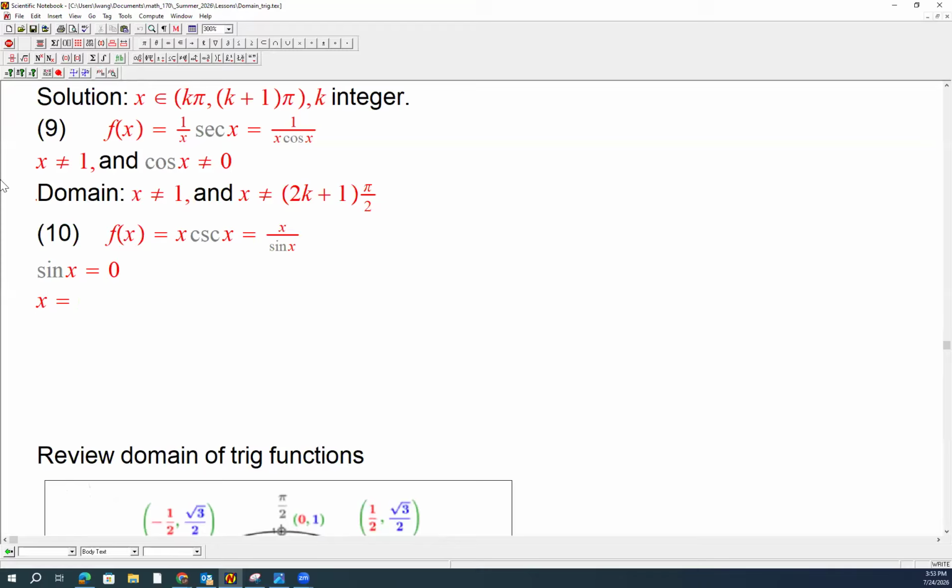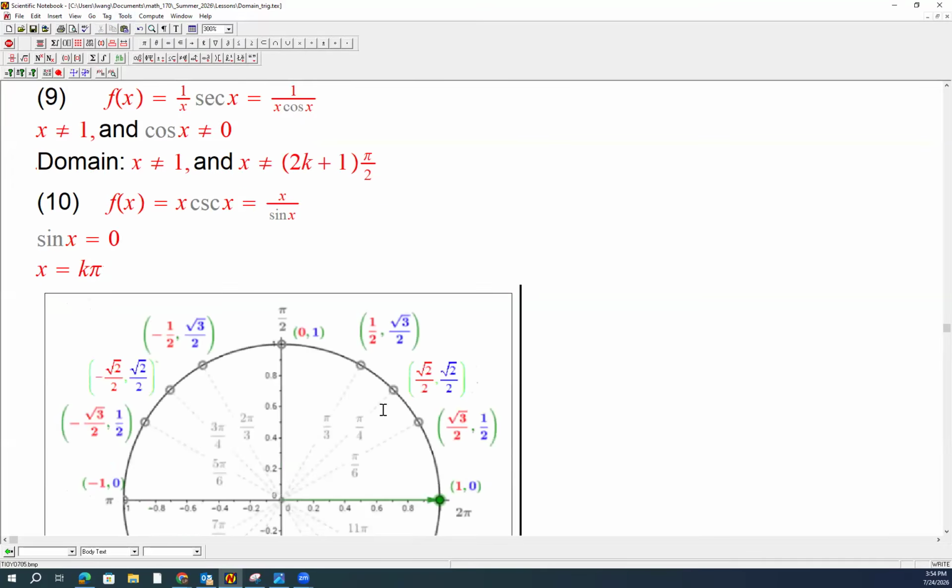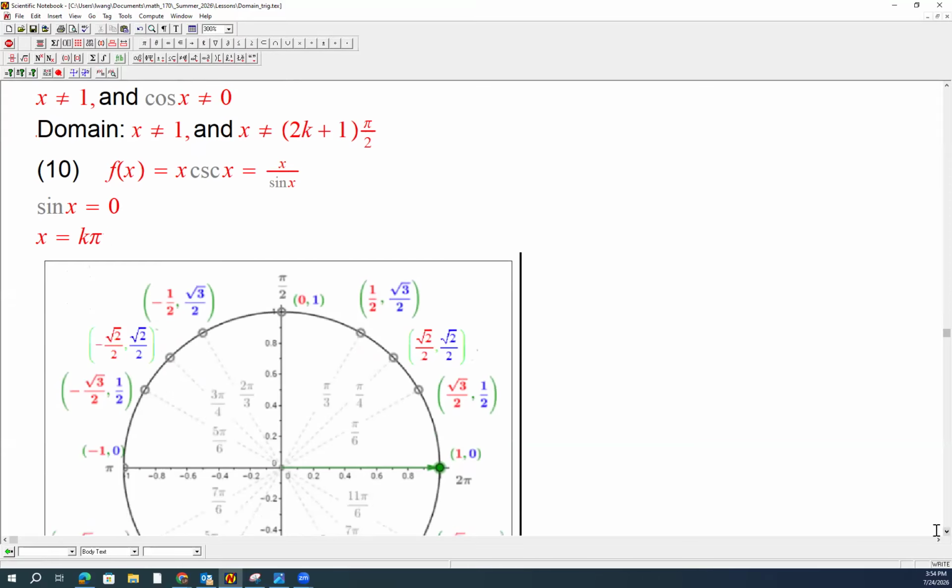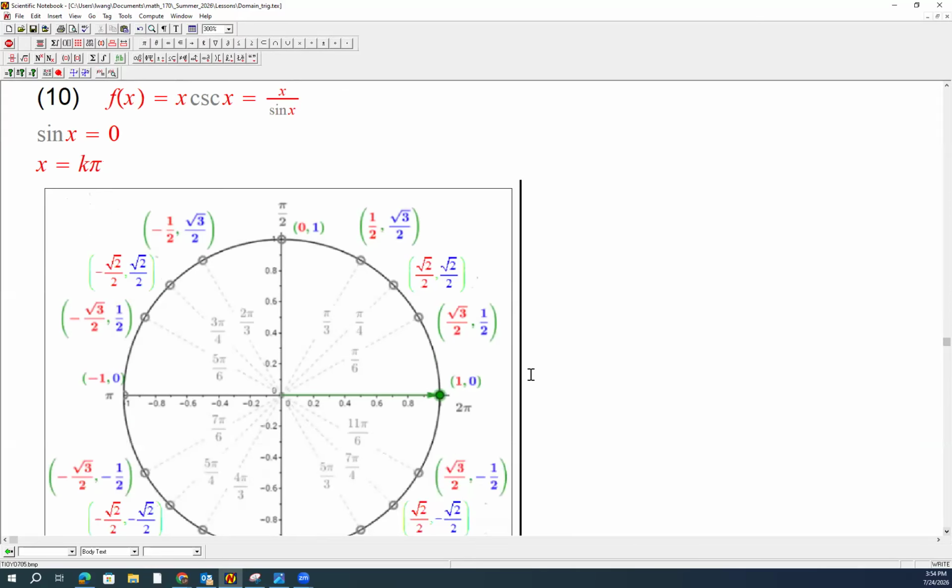You can see this if you are familiar with the unit circle. The y-coordinate equals 0 here and here, so the terminal side cannot be on the x-axis. So this is multiples of pi, and that's it, where k is an integer.